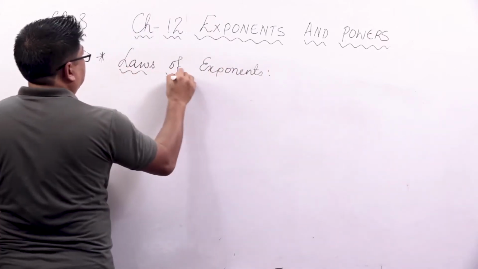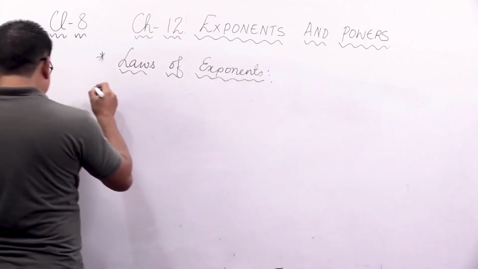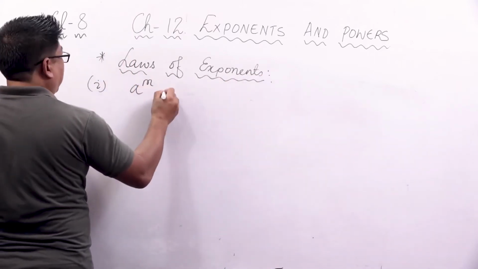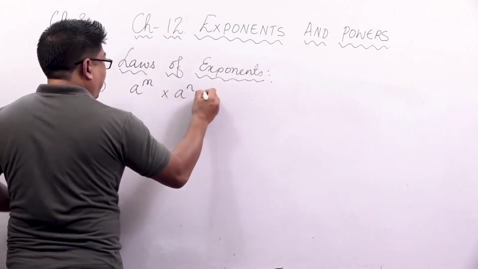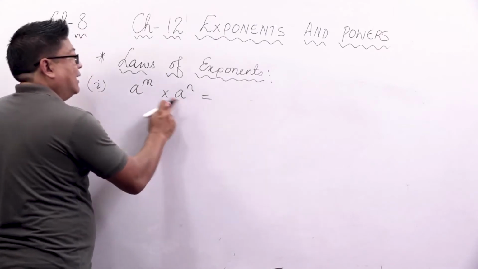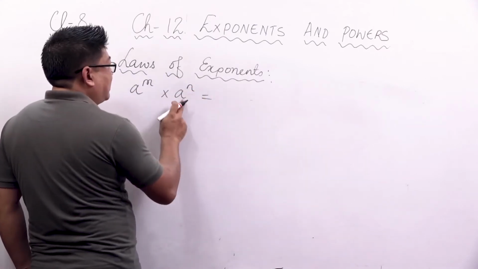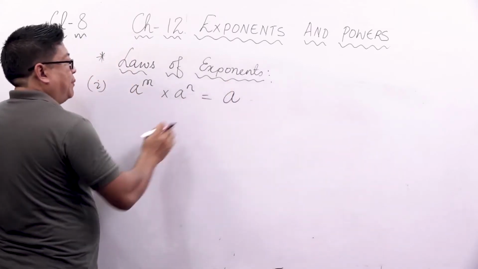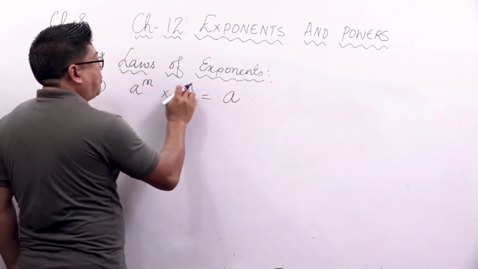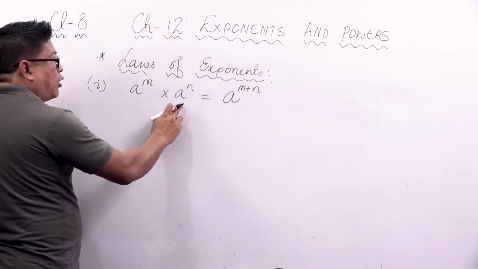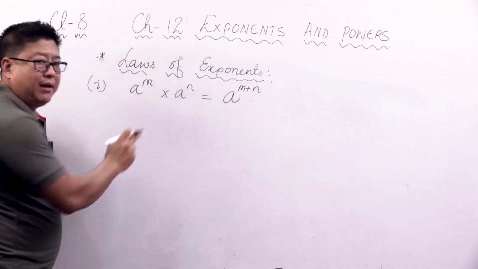The first one: we have a to the power m into a to the power n. If you notice, you will see that the base is the same. So when you multiply with the same base and different powers, what happens? Your base, a, will be taken as common, and the powers will be added, because the base is the same and they are being multiplied.